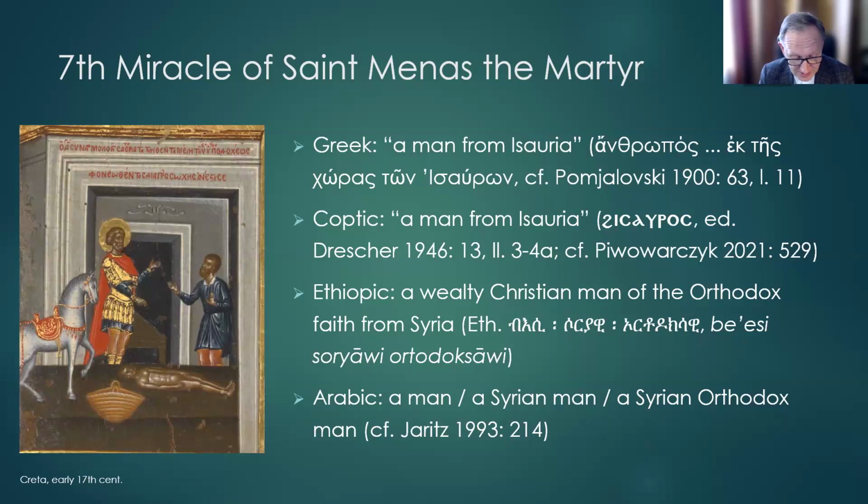The Greek version identifies him as a man from Isauria, a detail echoed in a Coptic version. However, both the Arabic and Ethiopic texts refer to him simply as a Syrian man, or a Syrian Orthodox man, reflecting the established fact that the Ethiopic collection of the miracles of St. Menas derives from Arabic sources.